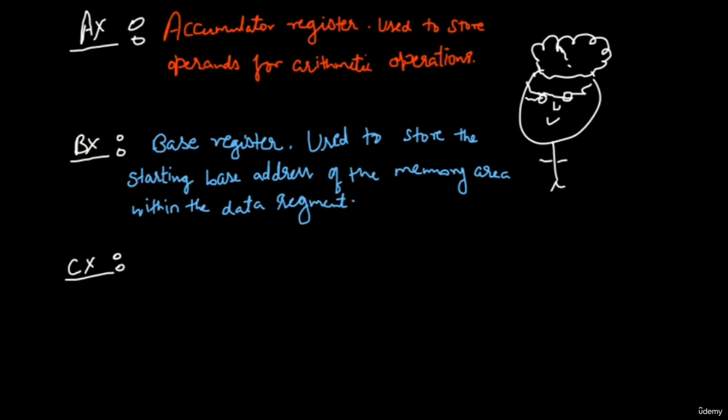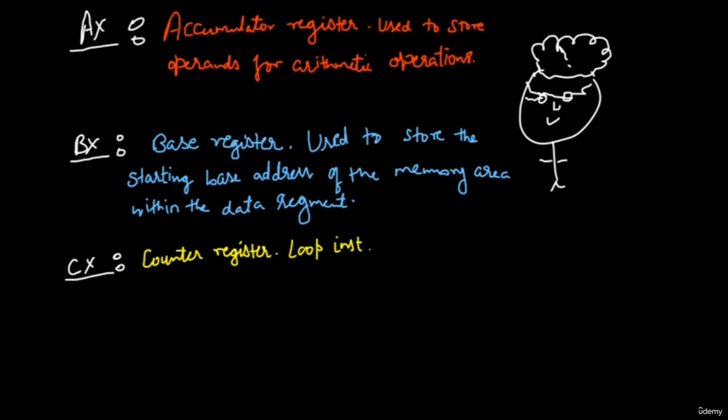Okay, so what is CX? C is counter, so the counter register. As the name suggests, it just counts down, 1, 2, 3, 4 type thing. It is used in loop instructions. If you are programming, you surely know about loops, like for loop, while loop, do while loop, and all kinds of things.